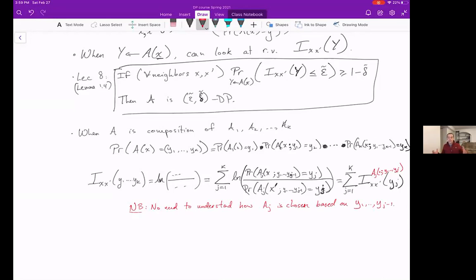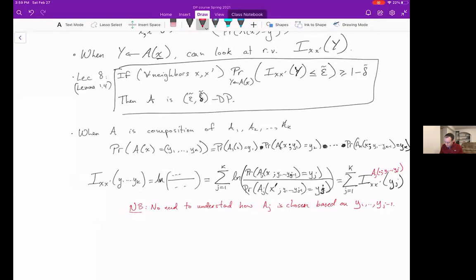All we need to know is that whatever Aj is chosen is going to be epsilon delta differentially private. That's very useful because, for example, in Lloyd's algorithm we choose the exact computation at stage j based on the cluster centers from the previous rounds, so we really need to take into account that adaptivity is present in the sequence.